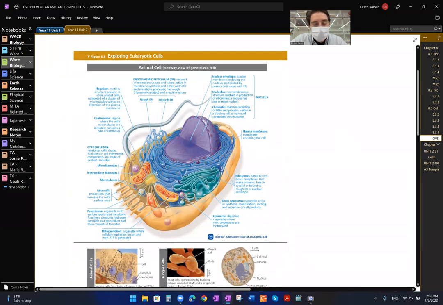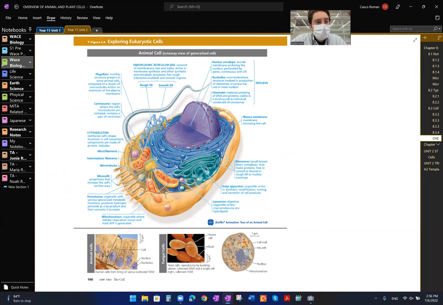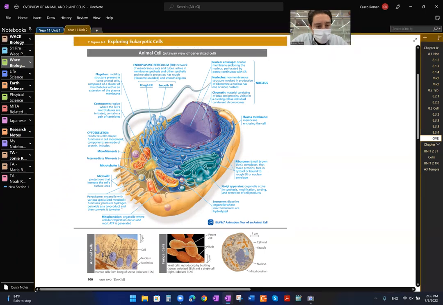Okay, here's a nice colorful diagram of the animal cell, each with its points. I strongly recommend you take a look at that. You don't need to know peroxisomes, we haven't talked about that. Microvilli and the whole cytoskeleton system, you don't need to know that, right? And flagellum, for now, you don't need to know that, okay?